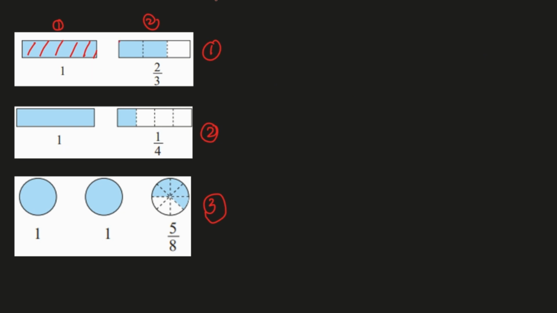And in the second picture, you can see the same sized rectangle has been divided into three portions, and out of them two have been colored, 1, 2. So we can write this situation as a mixed number. This figure had been completely colored, so we can write it as 1, plus what is the colored portion out of here?